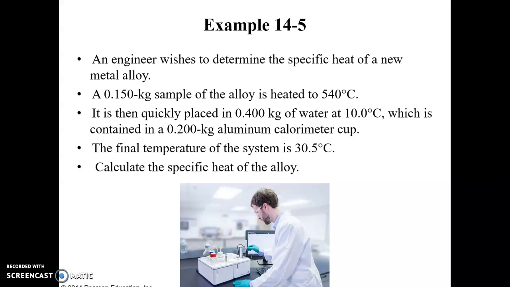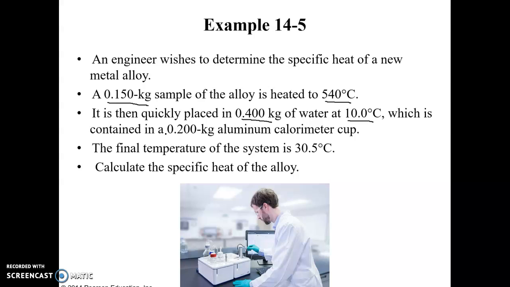And so he has a sample that is 0.150 kilograms, that's the mass, and he's going to heat it up to a temperature of 540 degrees Celsius. He will then put it into the calorimeter. The calorimeter has 0.400 kilograms of water inside it, and it is currently at a chilly 10 degrees Celsius.